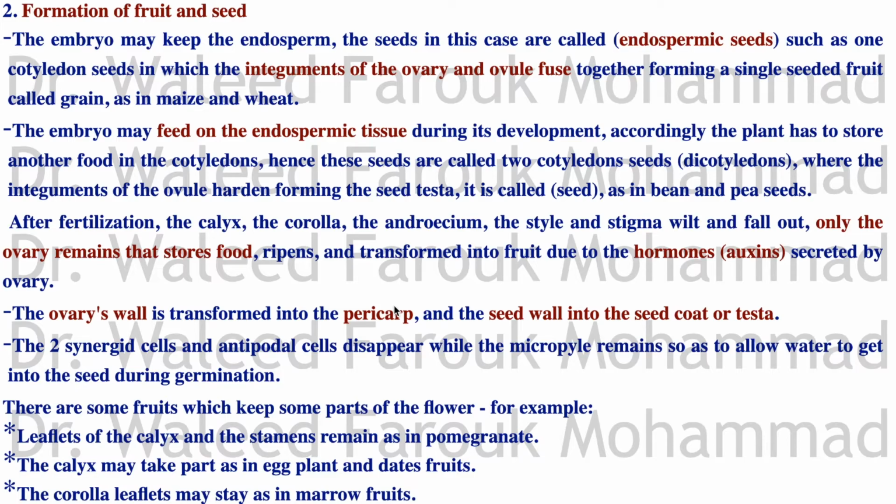The corolla leaflets may stay as in marrow fruits, like zucchini. The corolla leaflets stay there and do not wilt, disappear and fall out.